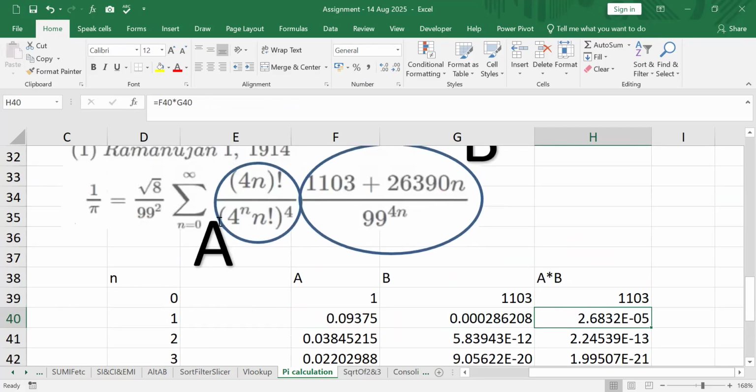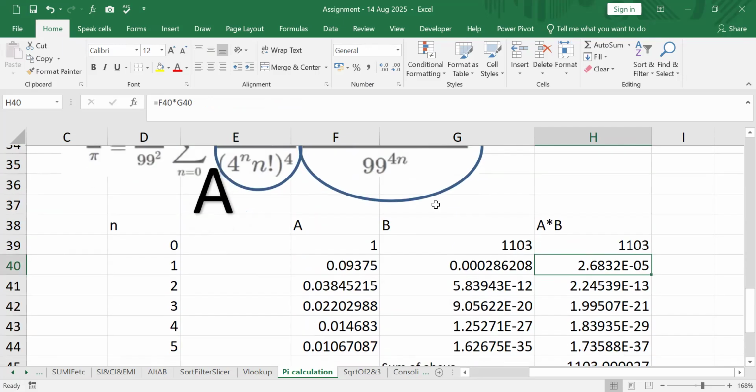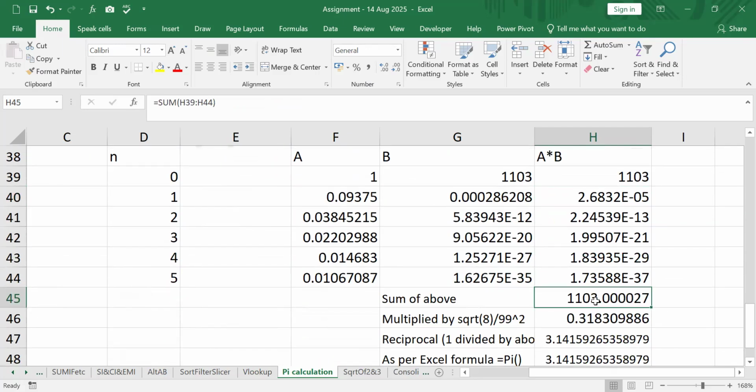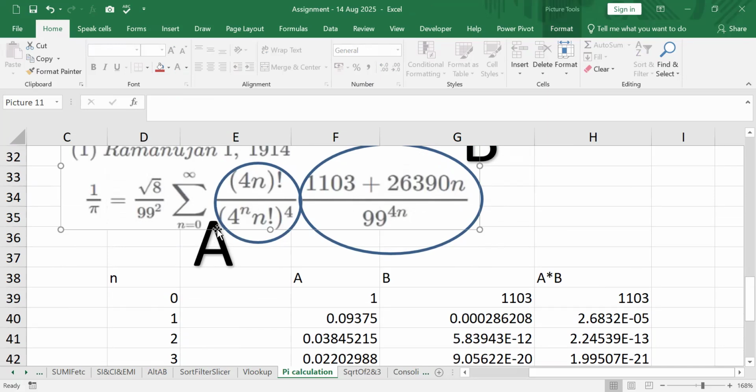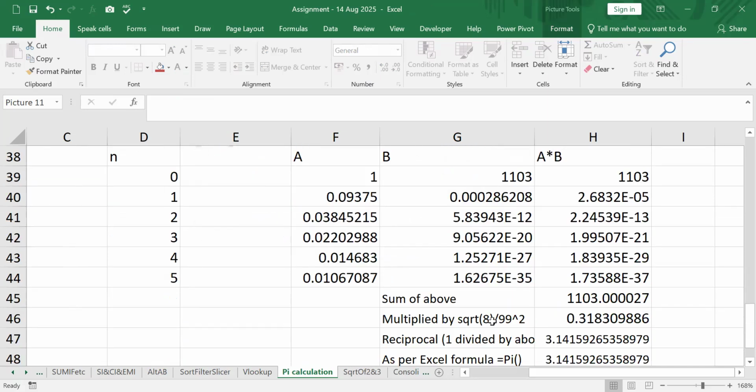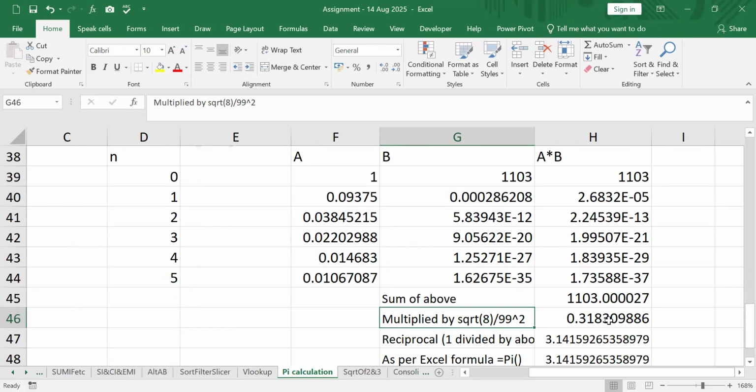Now we have to calculate what is the summation. We are only doing up to 5. We are not able to do up to infinity. So we have to add these things. So this is the sum of A into B. Now outside the summation, we have square root of 8 by the 99 square. So here we are multiplying this number.